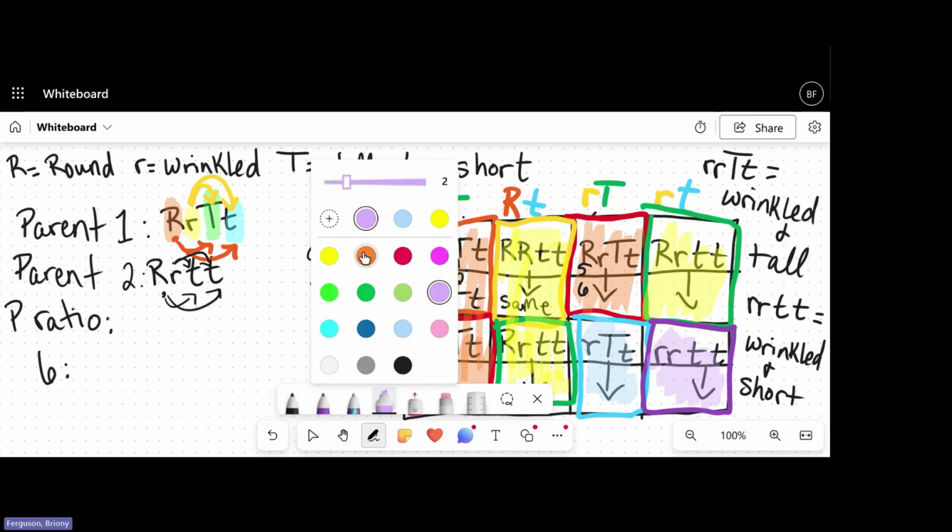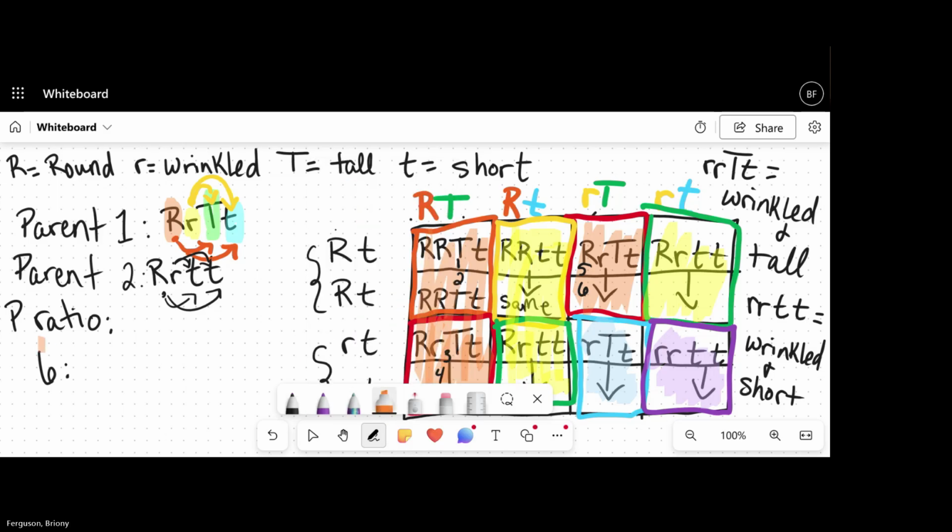We'll give that a highlight so that you guys can see where it's coming from. We also have 1, 2, 3, 4, 5, and 6 of the round and short.